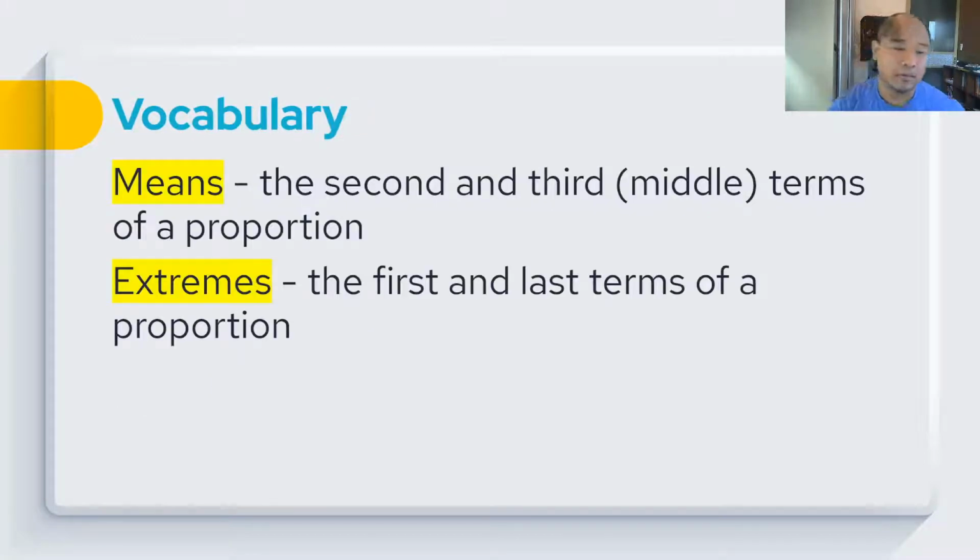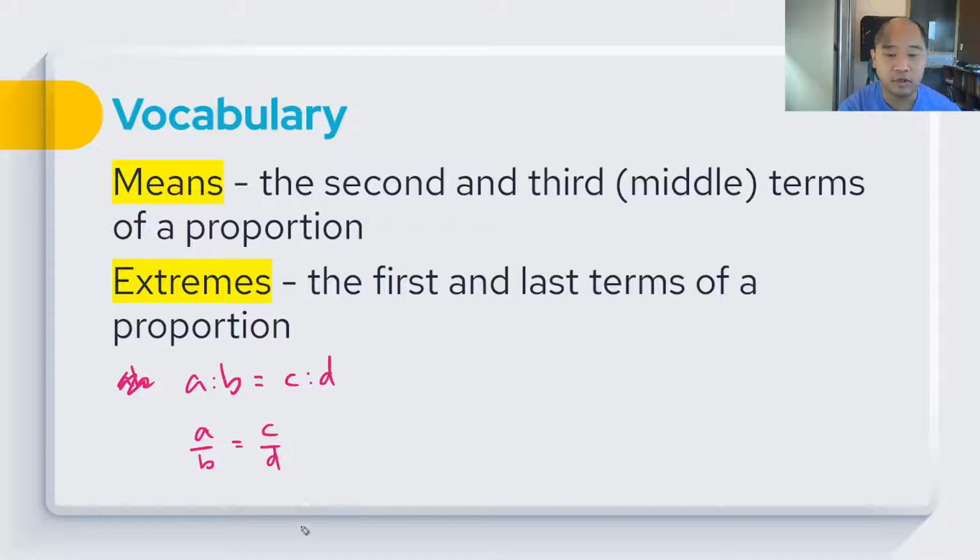Let's look at some more vocabulary. When we're looking at a proportion, it can be written as A is to B is proportional to C to D, right? Or it could be A over B is proportional to C over D, right?